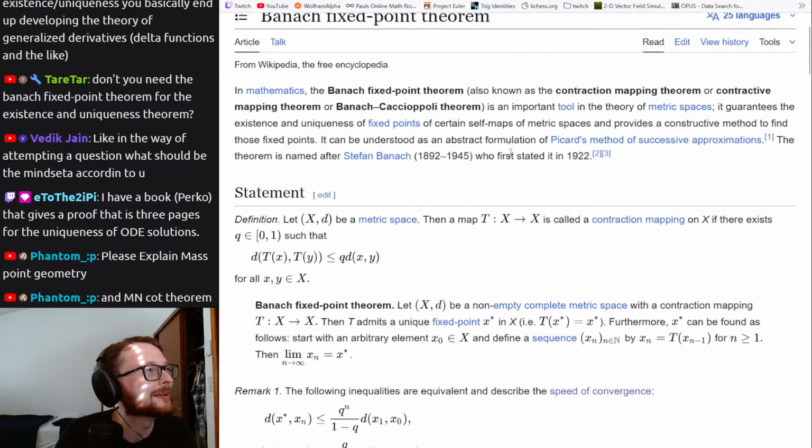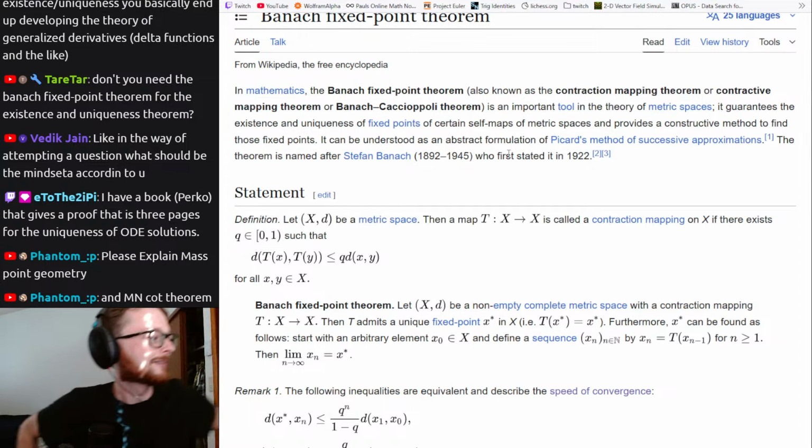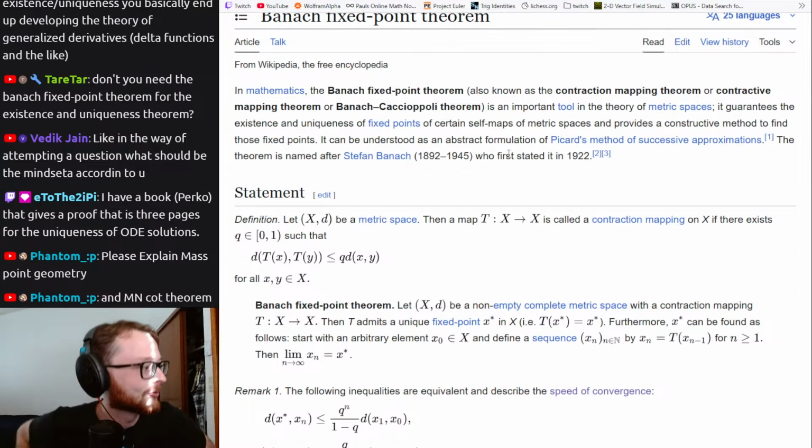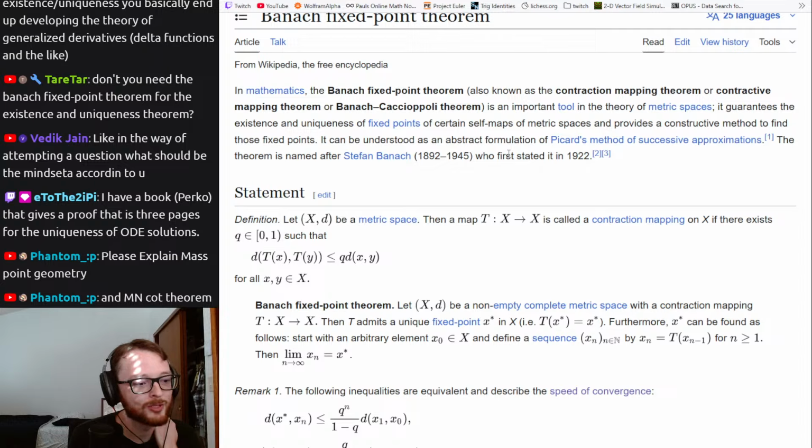Sorry, I'm figuring out something. I could put some tape over the gap in my blinds. That's what I really should do. Just wondering if there's something that I can do that's even lazier. Just end up developing theory of generalized derivatives, delta functions, like, oh, okay.